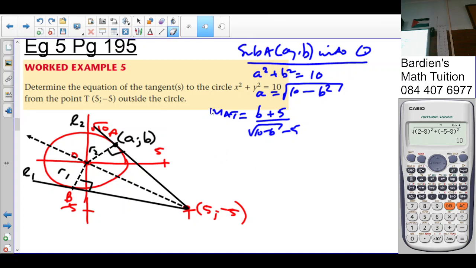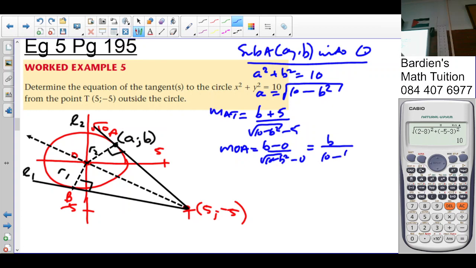The gradient of OA is equal to B minus 0 over A minus 0, which is the root of 10 minus B squared minus 0. So it's B over the root of 10 minus B squared.